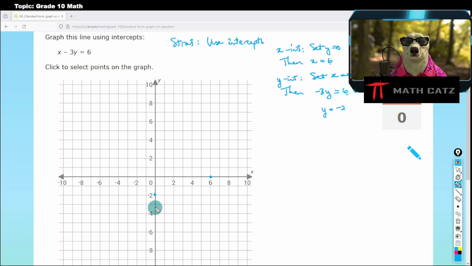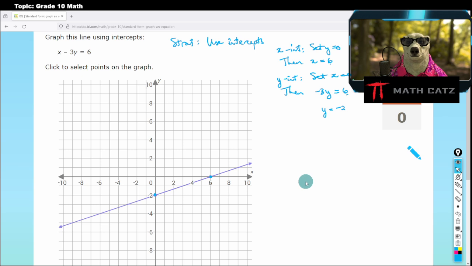Now I have 2 points, and that uniquely specifies the line. Click on one, click on the other, boom, there is my line. So that is certainly one way to graph a more general looking linear equation, because all I need are 2 points.